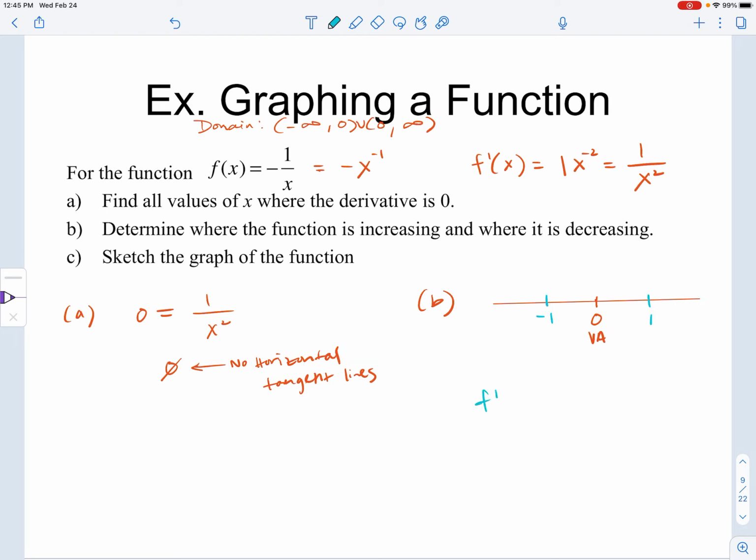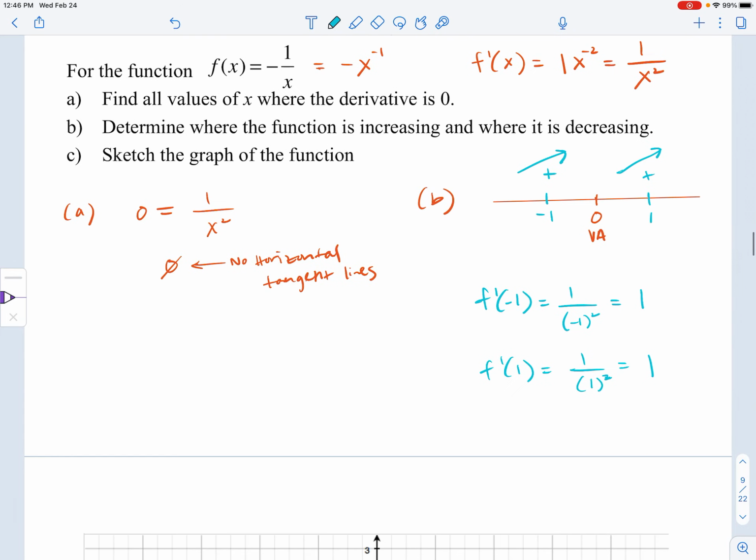So I'm going to still choose test values, and we're going to plug those test values into our derivative. So the function is increasing to the left of 0, to the left of that vertical asymptote, and also increasing to the right.